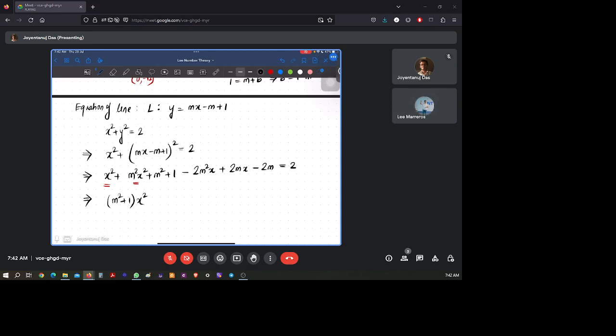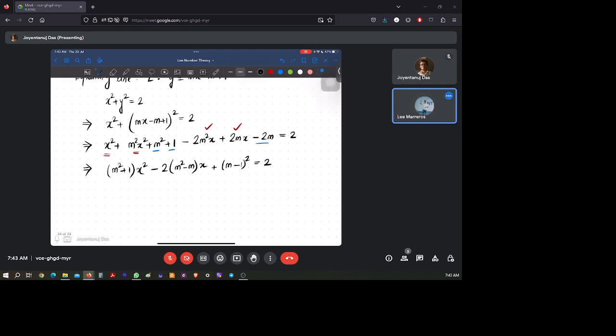Then the x terms: 2m minus 2m square times x. These two terms, and the remaining things are all constants. So m square plus 1 and minus 2m gives m minus 1 whole square. In fact, we can bring the 2 to this side and write it down: m square minus 2m minus 1 equals 0.